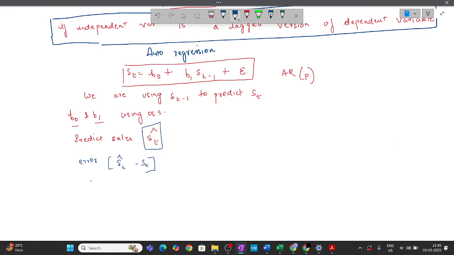Now what you do is calculate the correlation between errors at time t and errors at time t minus 1. If there is significant correlation between errors at time t and t minus 1, then autocorrelation exists, serial correlation exists.